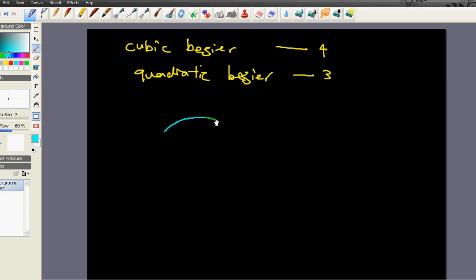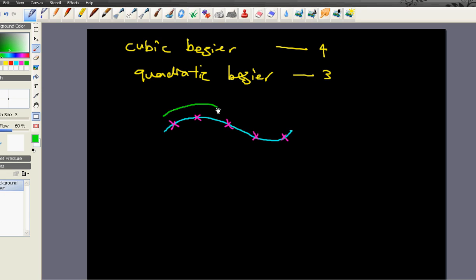So let's just say you have a curve like this, and you know some of the points on the curve are given: 1, 2, 3, 4, 5. And so actually you can use 2 quadratics here. I'll show you why.